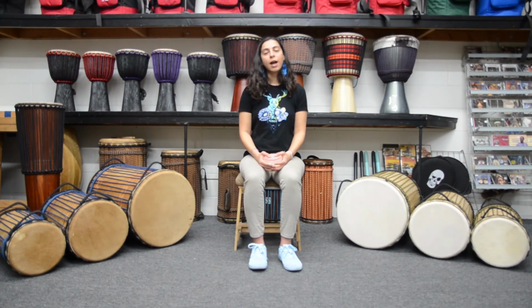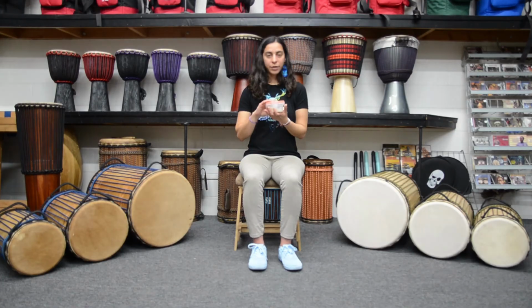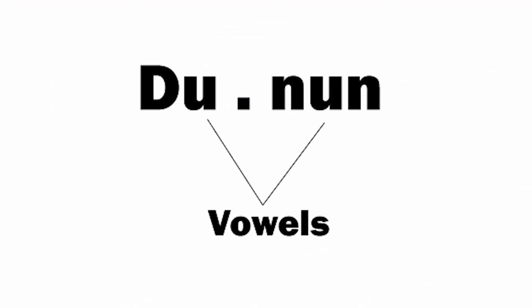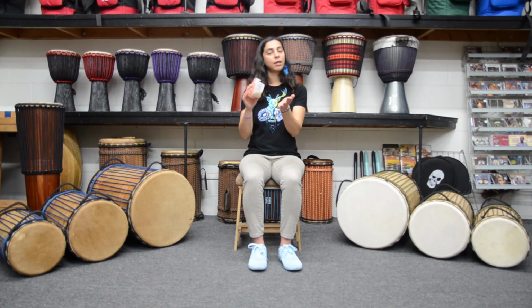So let's figure out how many syllables are in the word dunun. So let's use the shaker for that word. Dunun. Okay, that sounded like 2 syllables to me. You can also try it by doing that to give an extra sound. So it's a drum and a shaker at the same time. So let's try that again with this method. Dunun.